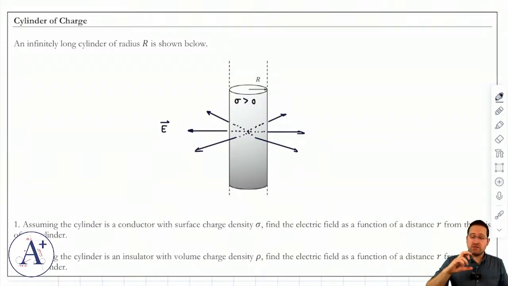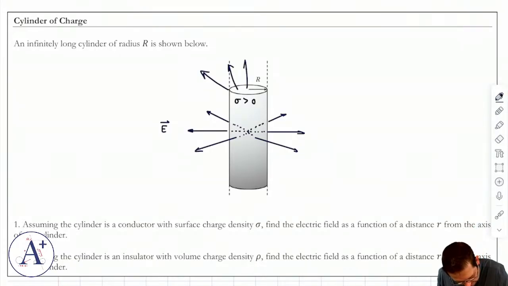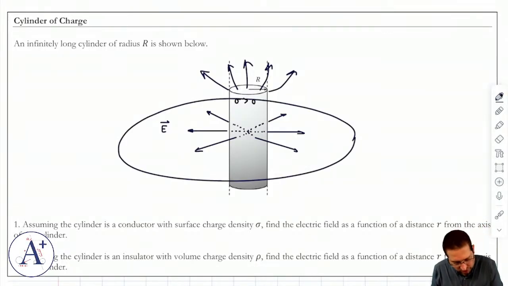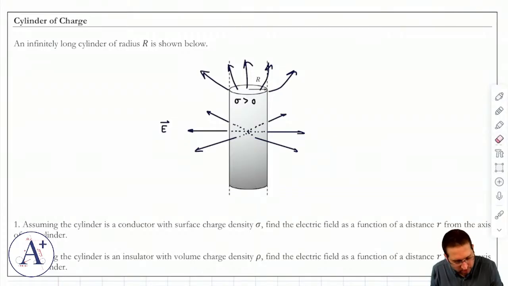If instead you have a finite cylinder, well, then when you get towards the edges, you have what's called fringing, and it gets all messed up, and E starts to goof around and starts to do stuff like this, and then like this, and then you're like, ah, this kills all my symmetry. My nice symmetry here, where E was always radially outward, goes away at the edges of a finite cylinder.